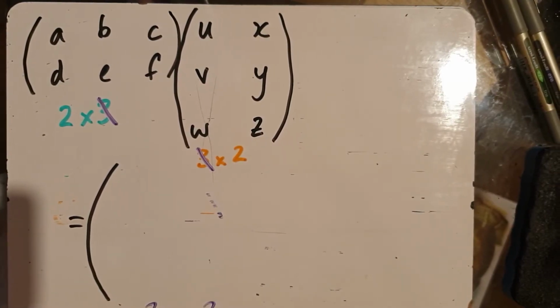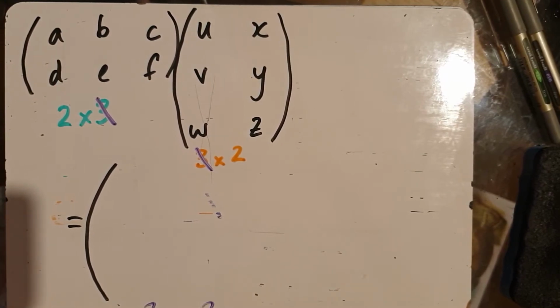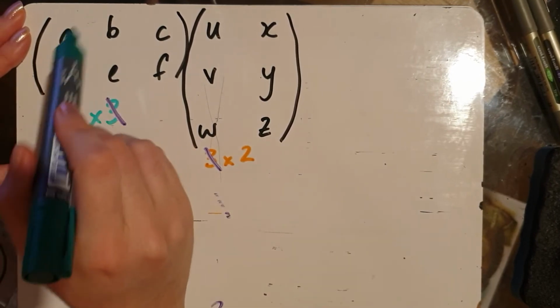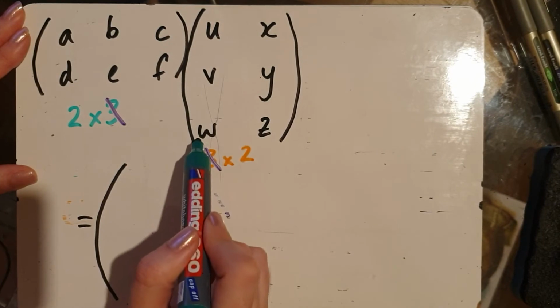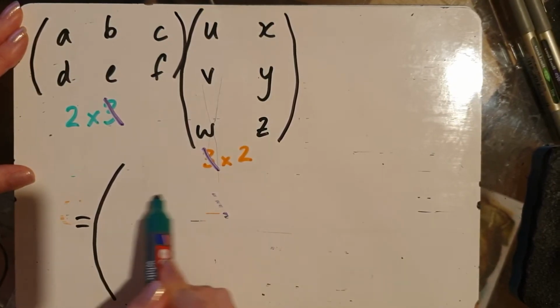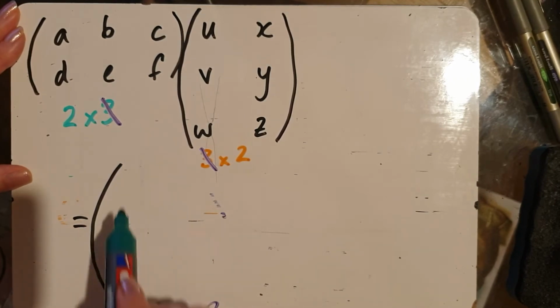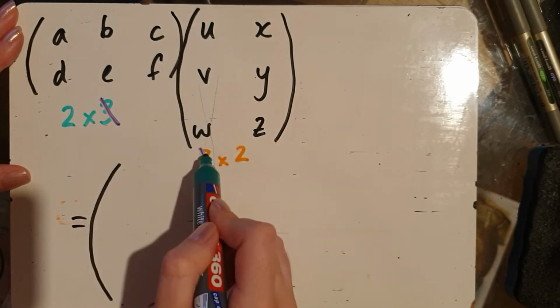If I now multiply these together, I'm going to try to show you using the colours how this will work. You multiply in order the first row by the first column. So this is the first row and the first column of this new matrix. To get the first row, first column entry, we multiply the first row, first column.